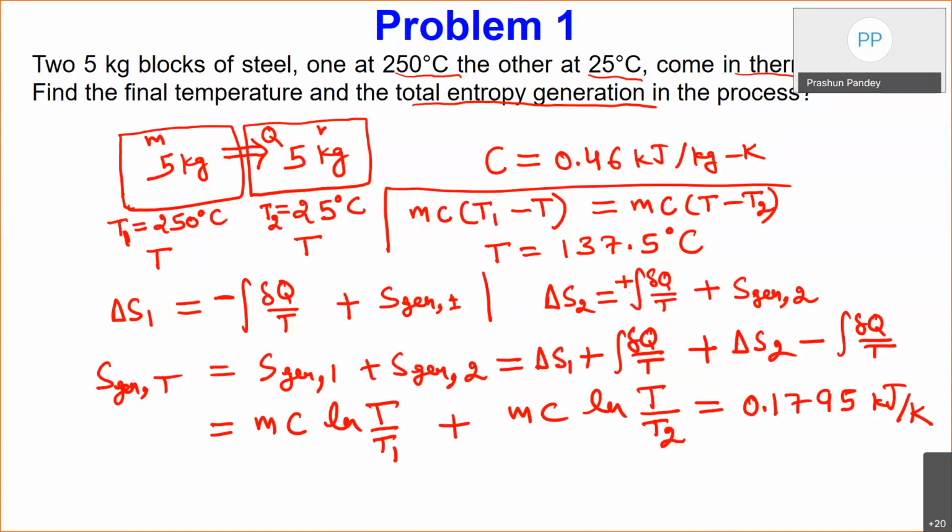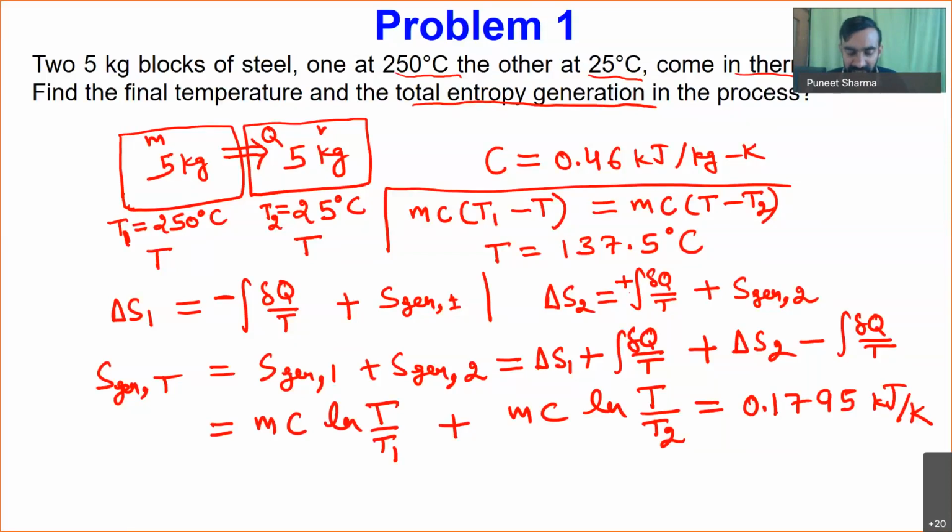So what I am saying is that obviously while heat is transferring, there is some functional relationship between the heat transfer and temperature. That functional relationship will hold similarly for both the cases. So the overall magnitude of this term will be the same, because initially for the first block the temperature is very high, which is 250, and for the second block the initial temperature is small.